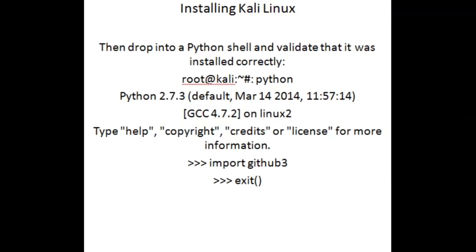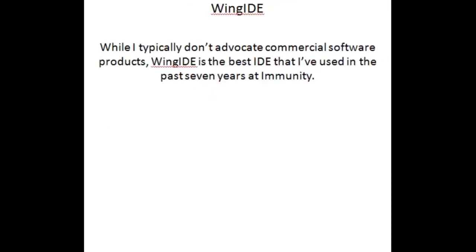of the lecture. Now that we have our hacking virtual machine set up, let's install a Python IDE for development, Wing IDE. While I typically don't advocate commercial software products, Wing IDE is the best IDE that I have used in the past 7 years at Immunity.